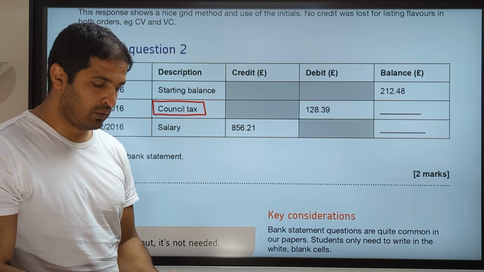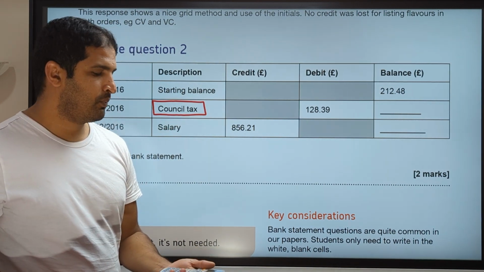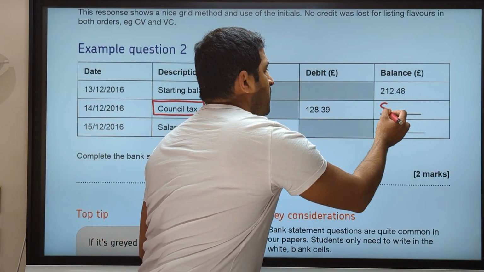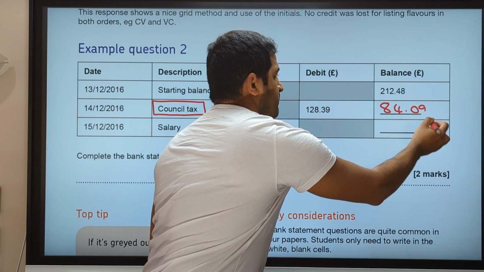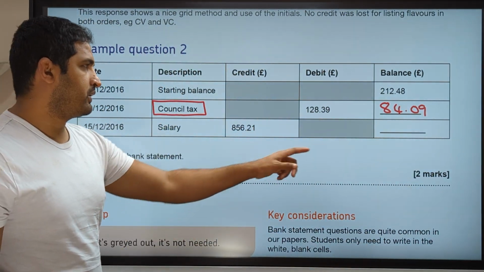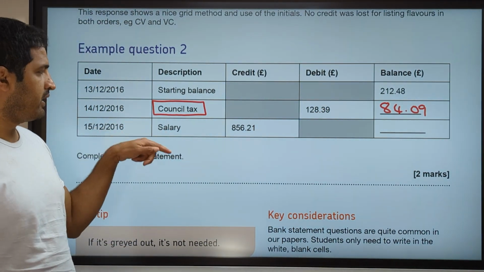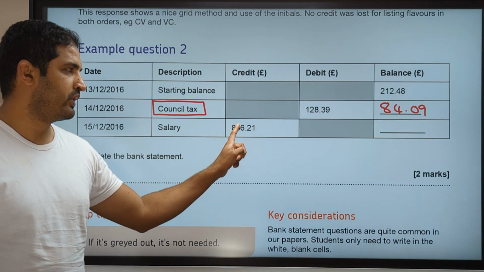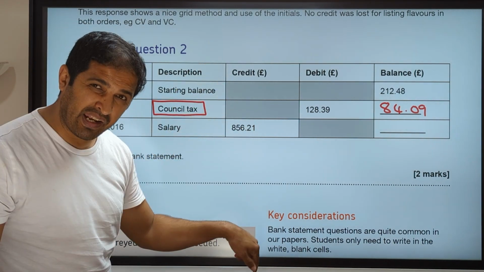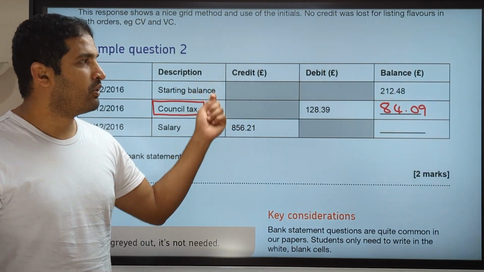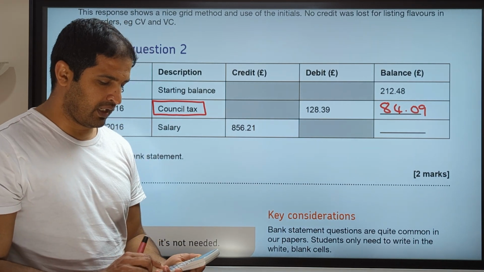So all I have to do is 212 minus 128.39. When you put that in the calculator, we get £84 and 9p. That's how much you have left once you pay the council tax. But luckily, on the very next day we get the salary of £856, and that gets credited into your account, and you add that on to £84.09.